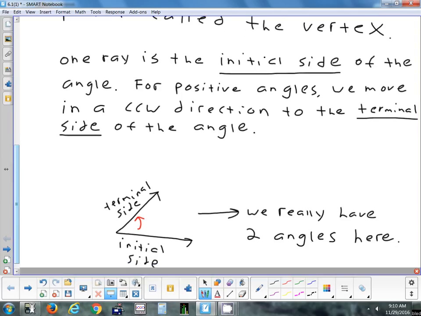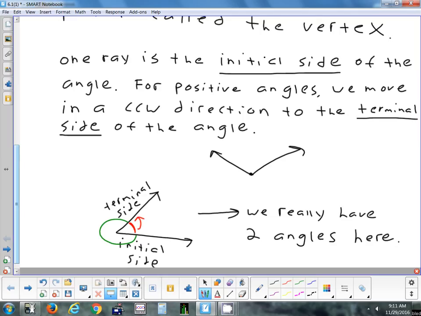Now, why did I write that there's really two angles here? There's this one, and there's the other one too, if you go from the outside. There's this small angle inside, which we'll give a name to in a second because it's less than 90. But then there's this bigger angle on the outside. When we're trying to find initial and terminal sides, you're always going between the rays the short way.